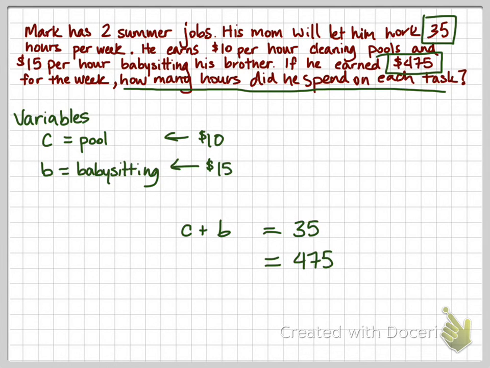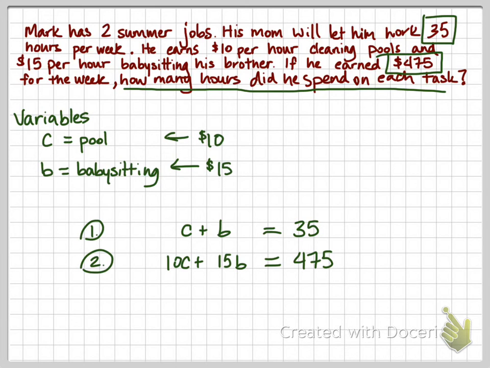So we're still going to have our C, we're still going to have our B, but he gets $10 for cleaning the pool and $15 for babysitting, and there are two equations. So we have C plus B equals 35, 10C plus 15B equals 475, and then we would solve those. This is your equation 1, this is your equation 2.